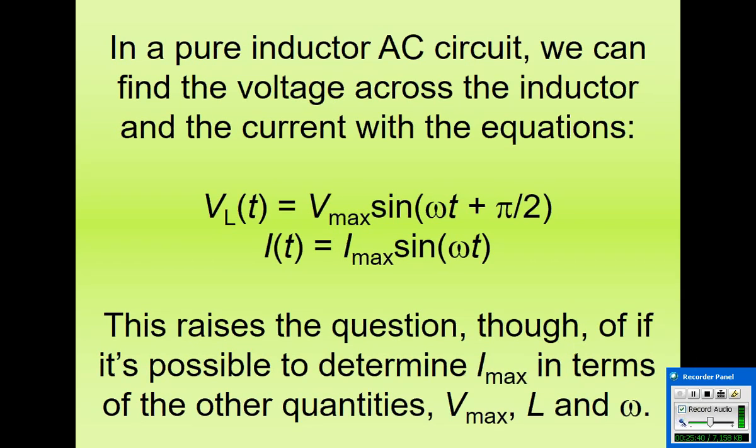With our equations in hand, again, we're probably going to ask, is it possible to come up with a relationship between Vmax in an inductor and Imax for the current? And of course, the answer is yes. And probably not surprising, we have to consider the inductance, capital L, along with the angular frequency, omega. But what is the relationship between these three?